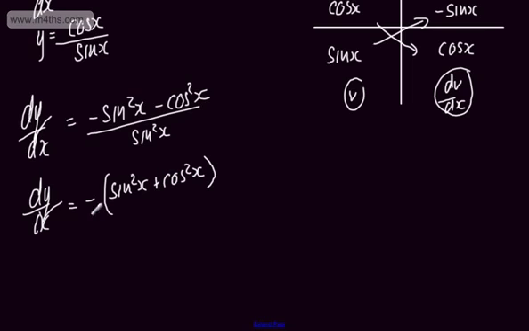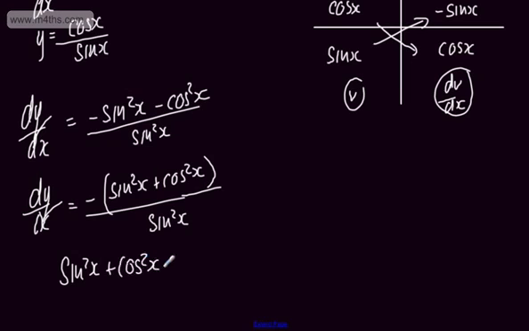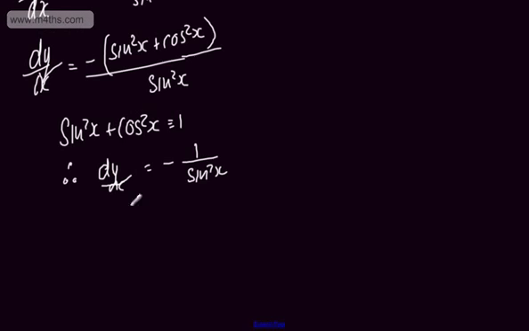So all I'm doing there is just taking the negative out and putting that over sine squared x. We know that sine squared x plus cos squared x is equal to 1. Therefore, the derivative dy by dx will be equal to minus 1 over sine squared x, and we can write this as minus cosec squared x.